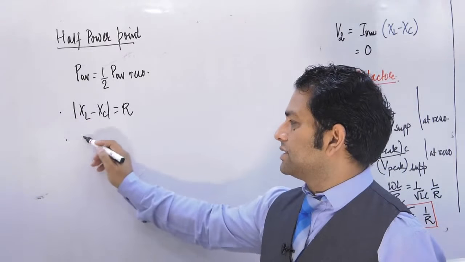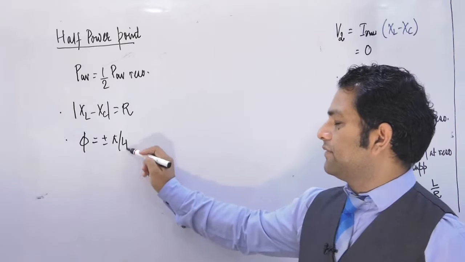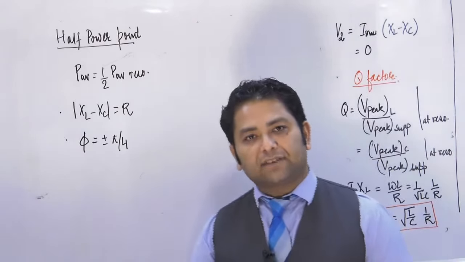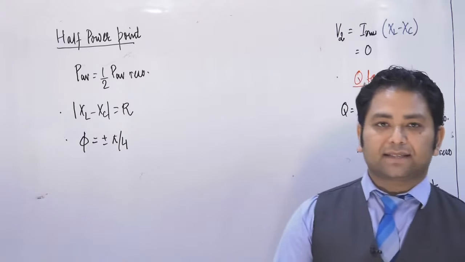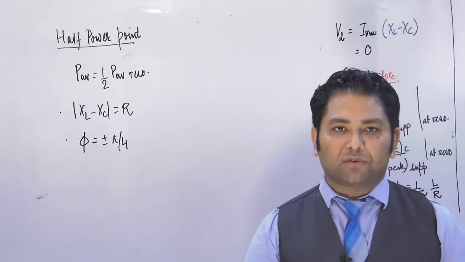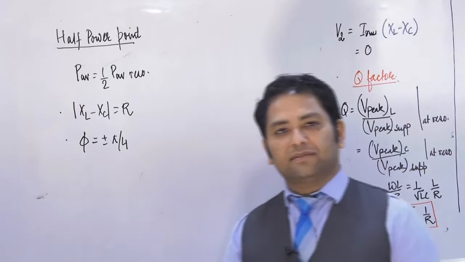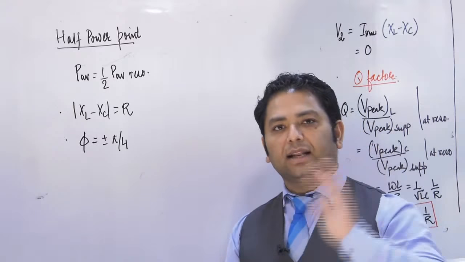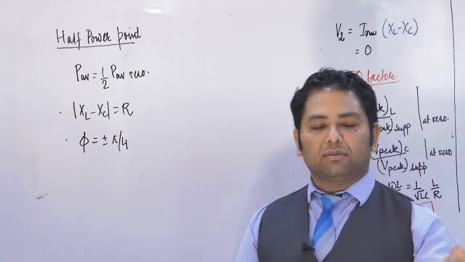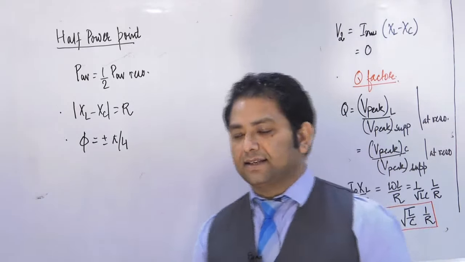Now the second relationship, phi would be equal to plus minus pi by 4, because recall tan phi is mod XL minus XC by R. So the phase difference between the current and voltage would be 45 degrees, both situations inclusive, current leading or current lagging, depending upon whether XC is greater than XL or XC is less than XL.